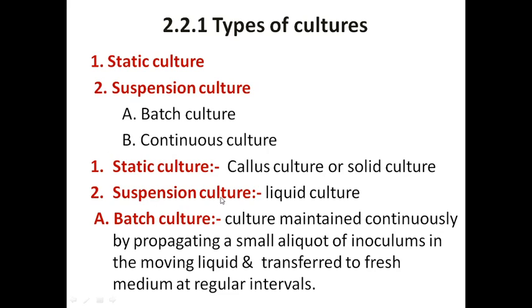Here the suspension culture, also known as the liquid culture, is the culture of isolated cells or very small cell aggregates dispersed within a liquid medium. The cell suspension is obtained by agitating pieces of callus in a liquid medium on rotating shakers and growing the cells in a liquid medium under controlled conditions.